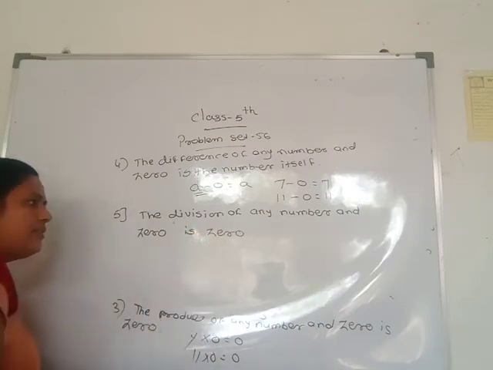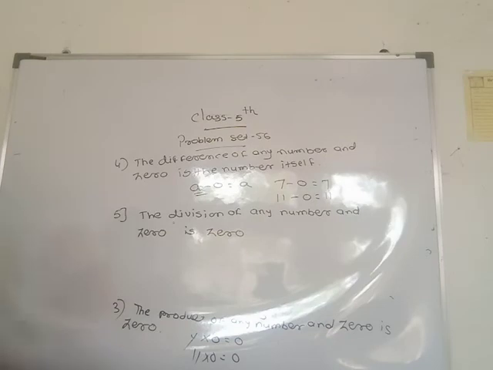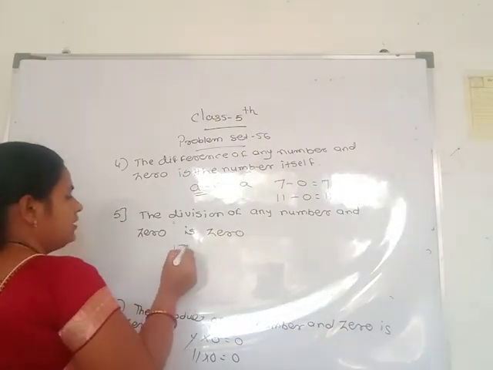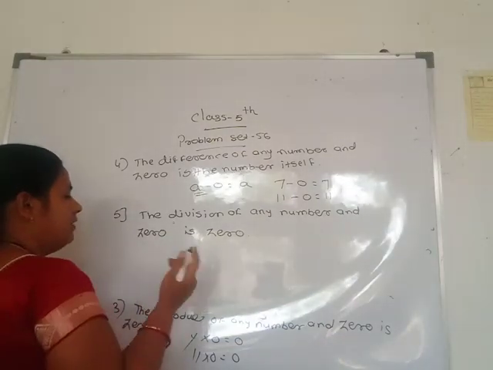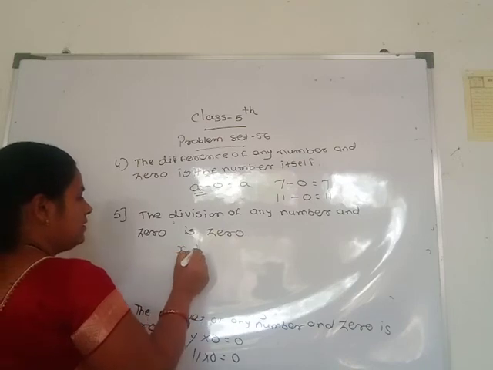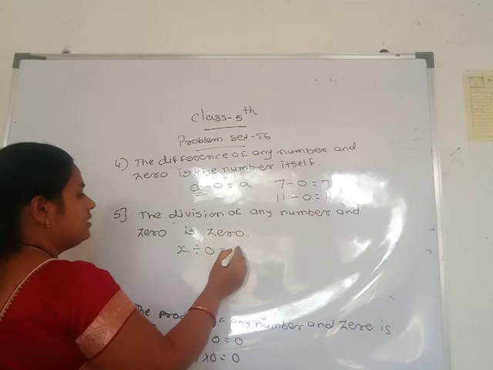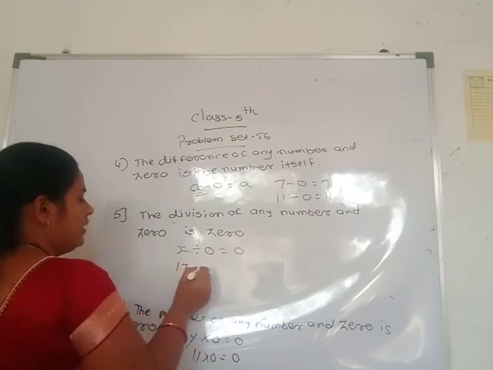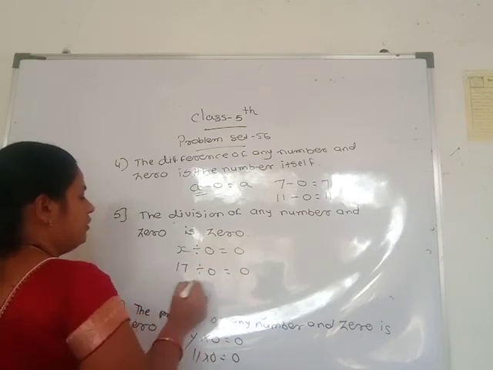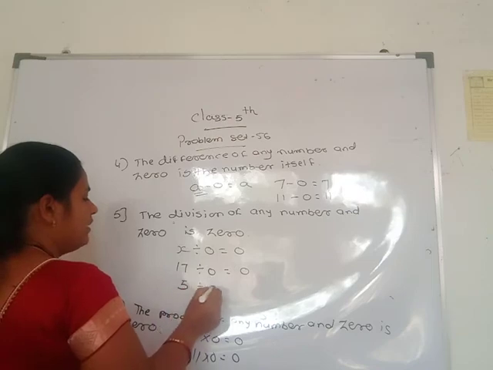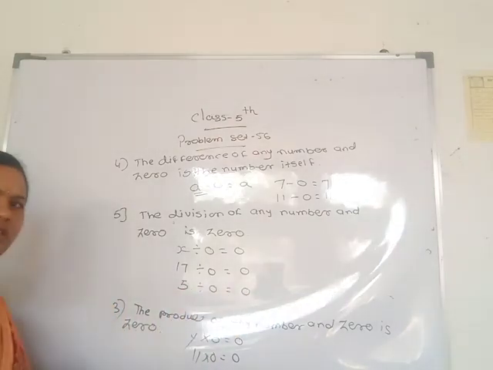See here, the division of any number and 0. Suppose x divided by 0, any number divided by 0, the answer is always 0. Suppose 5 divided by 0 is equal to the answer 0.